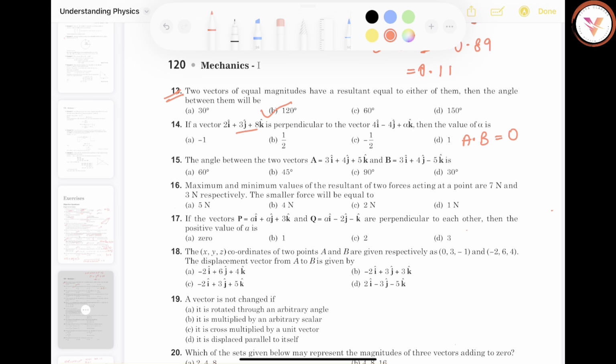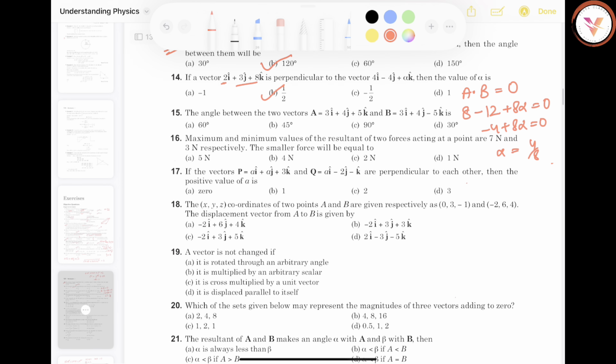If you take A dot B, then you have to multiply 2 into 4, that is 8. Then 3 into minus 4 is minus 12, and 8 into alpha is plus 8 alpha equals to 0. Then minus 4 plus 8 alpha equals to 0. Alpha is equal to 4 by 8, that is equal to 1 by 2. Is the correct one. Okay.